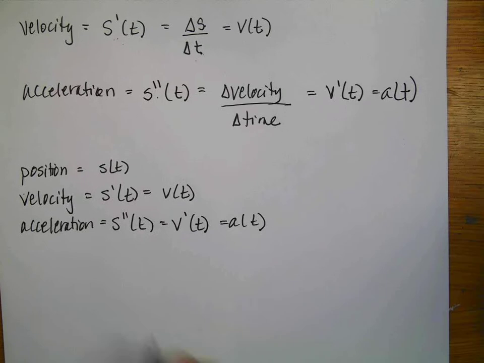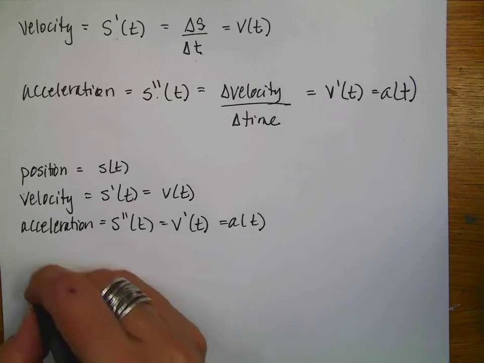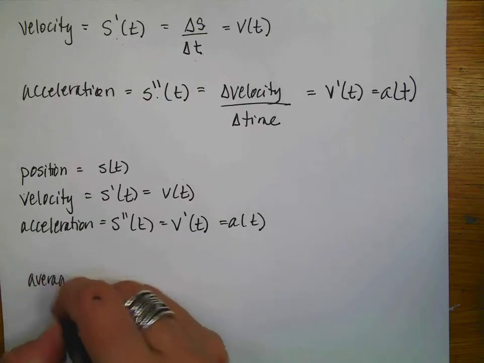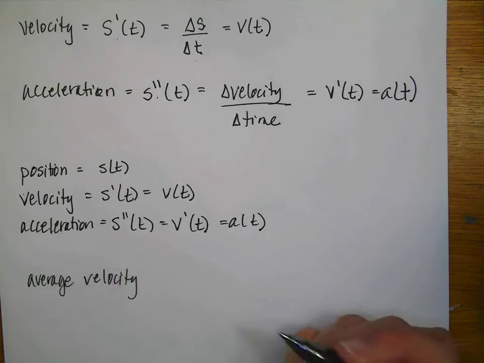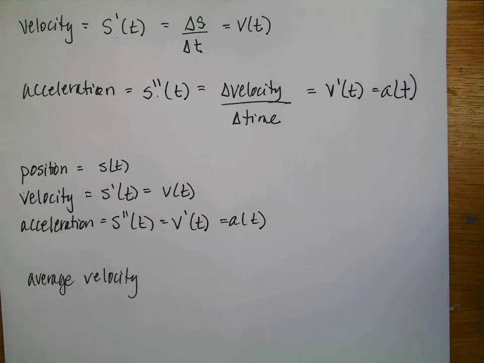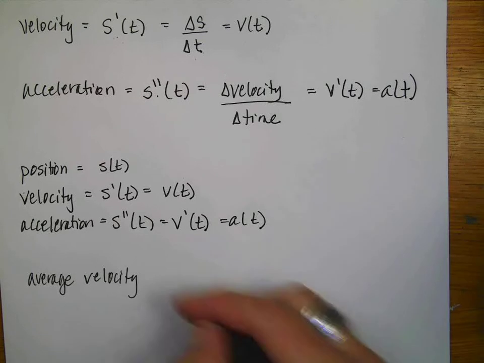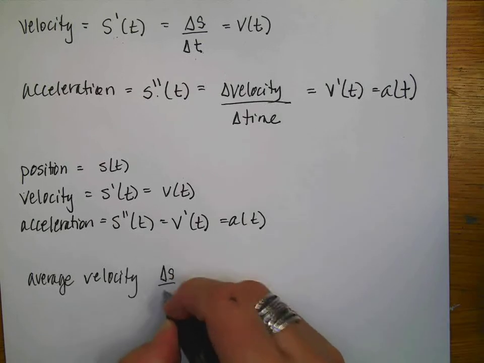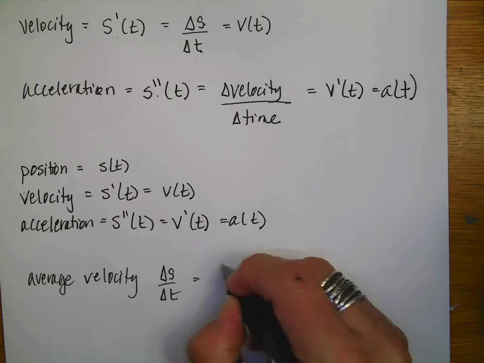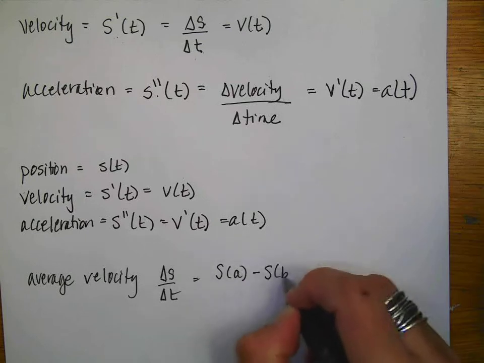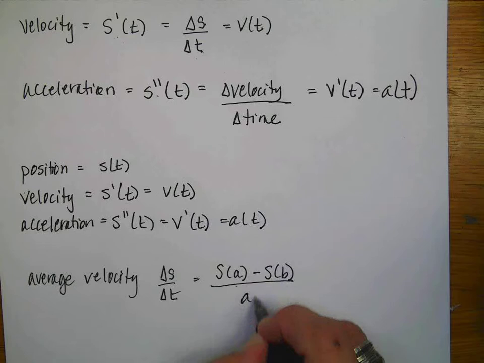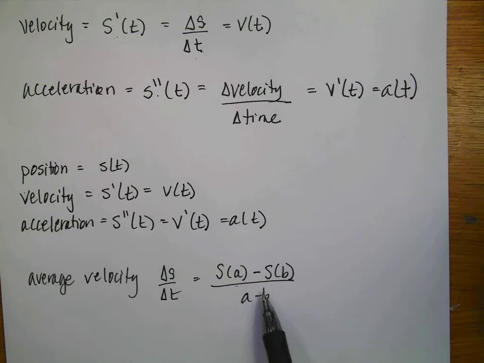All right. So another thing that you will see as you're trying to manage these problems is the words average velocity. Well, average velocity, average of anything, is a difference divided by how many things there are. So this is just delta s divided by delta t, and so I could do the position function at A minus the position function at B over A minus B. So this is just the slope.